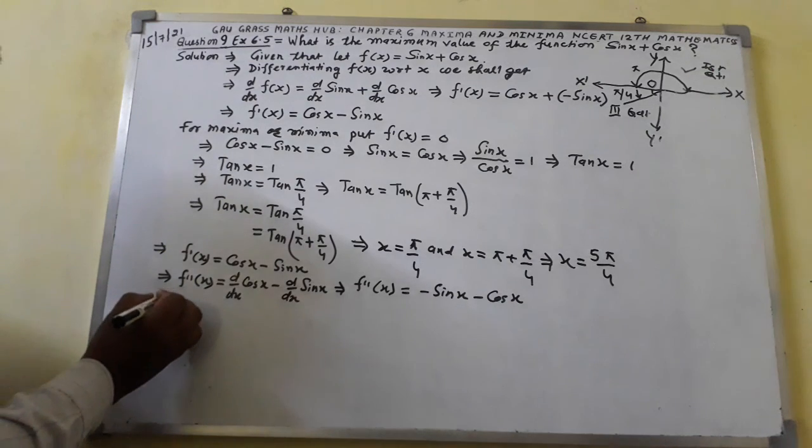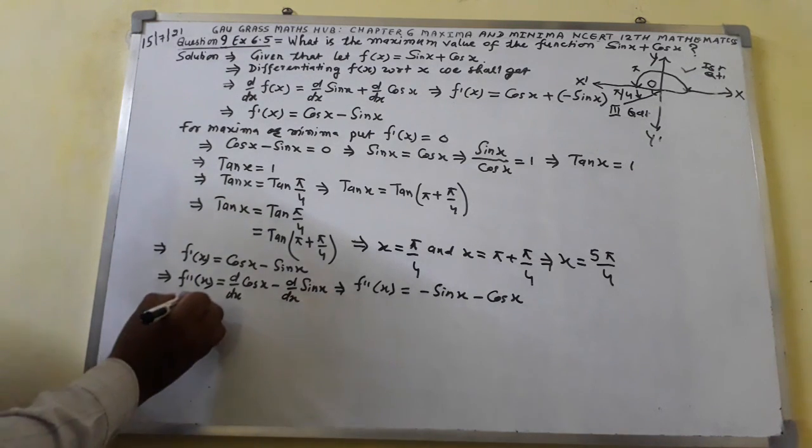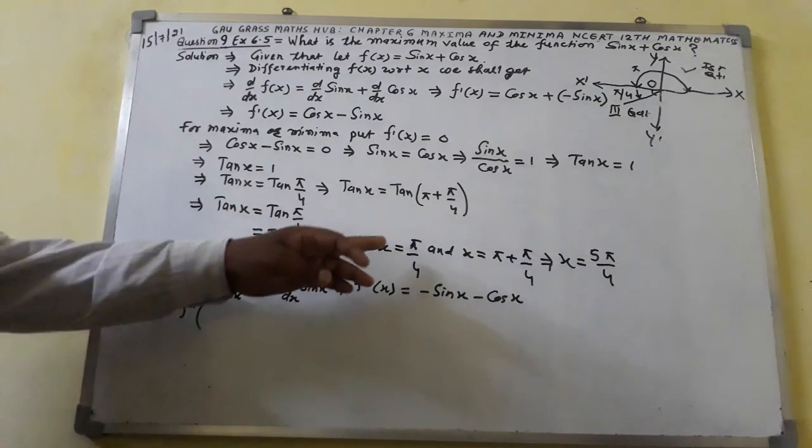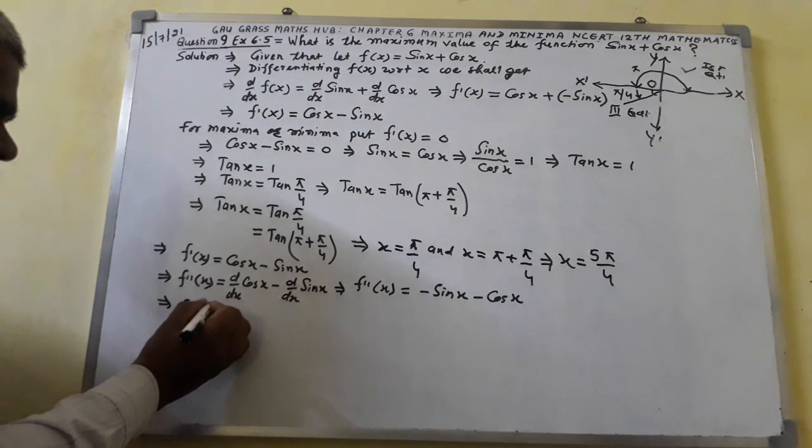So again I shall write here, implied that f double dash of x at x equal to pi by 4, let us try x equal to pi by 4.